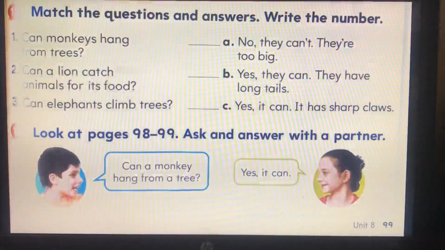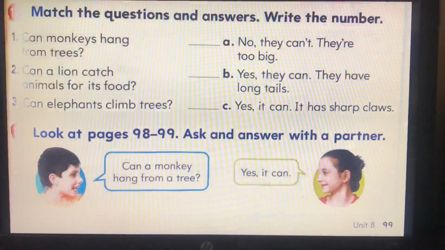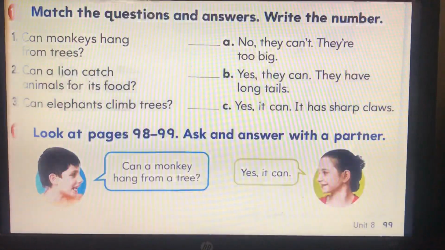Now, let's go ahead and read number 1. Number 1. Can monkeys hang from trees? Number 2.